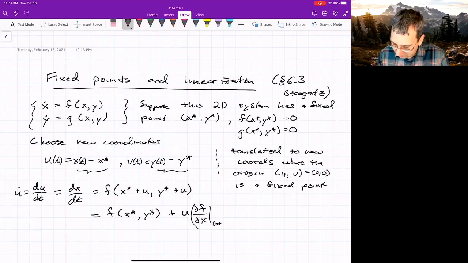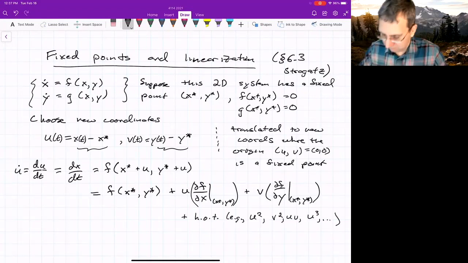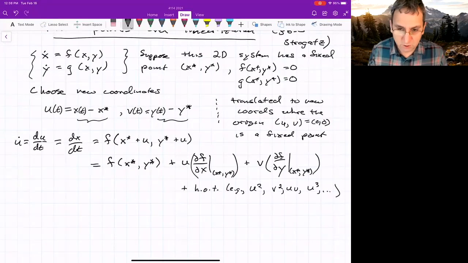So we might write x star y star plus v partial f partial y evaluated again at the fixed point, x star, y star, plus higher order terms. And I'll just write that as HOT. So this would be, for example, things that have u squared or v squared or u times v, or even cubic and higher. Okay, so that's u dot.